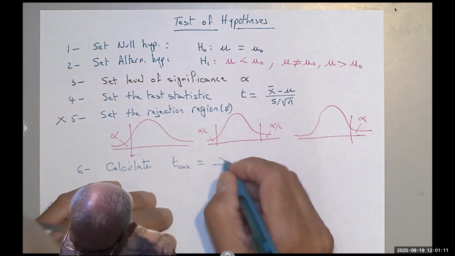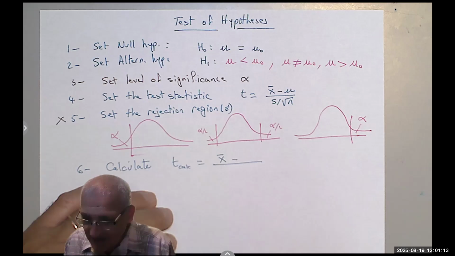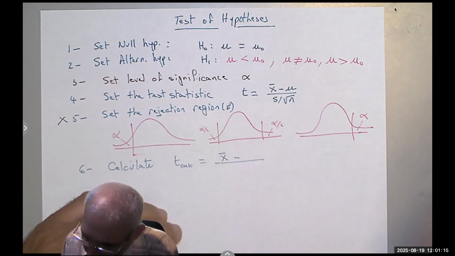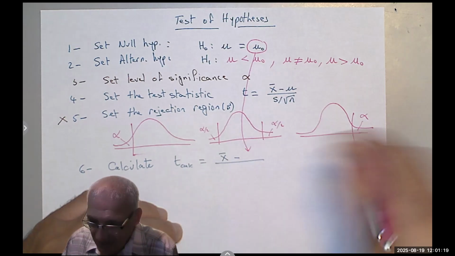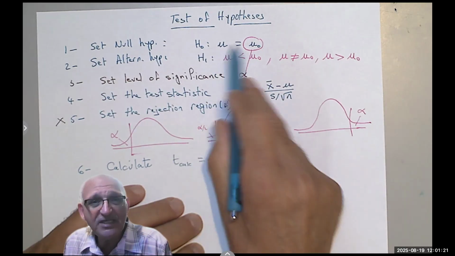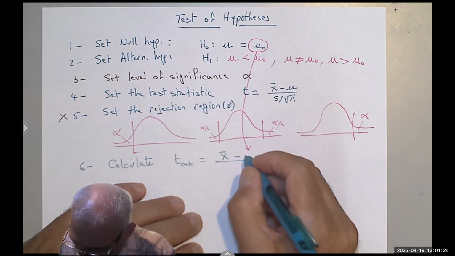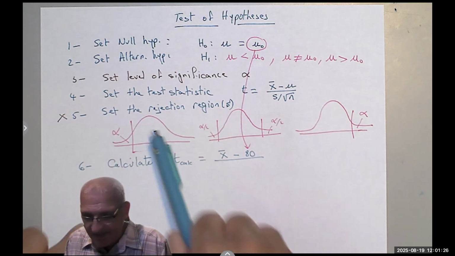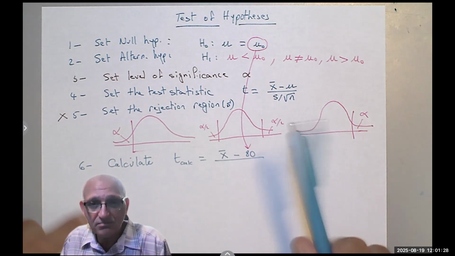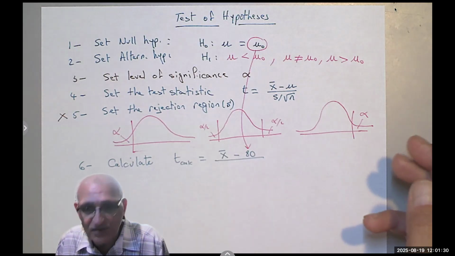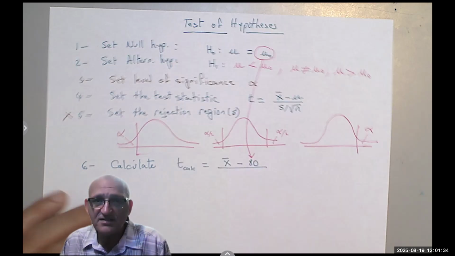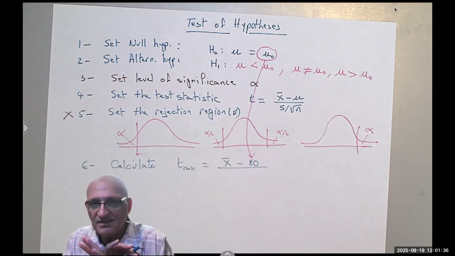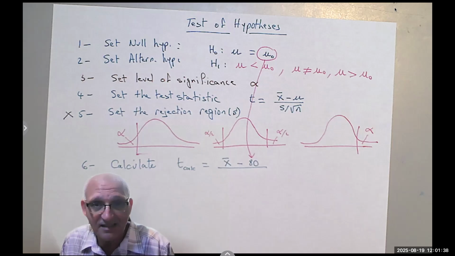So it's going to be X bar minus this guy right here, mu sub 0 comes here. So if I want this to be 80, I'm going to say X bar minus 80. It doesn't matter which alternative hypothesis I'm using. I'm always going to get this number from the null hypothesis. It's like a law.